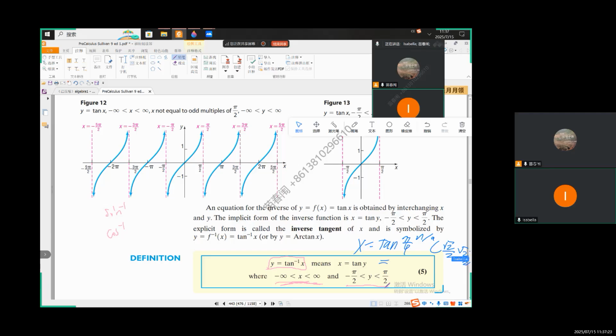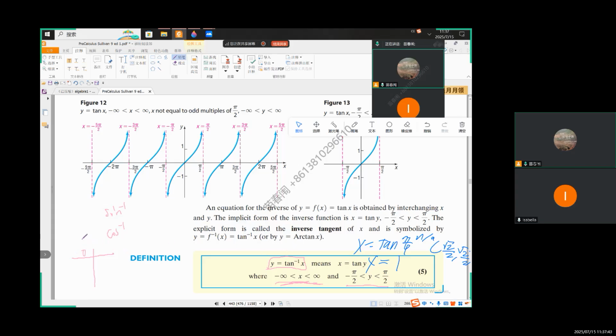So then it would be x equals 1, I guess. Yeah, okay. That makes sense. Yeah, and I understand the domain, the range. I understand both.